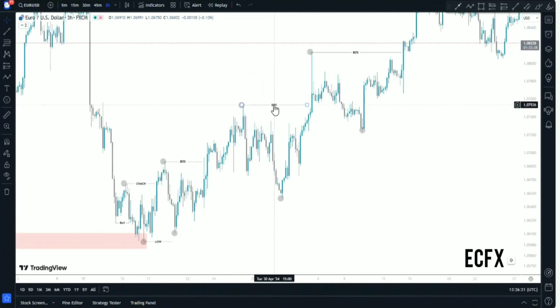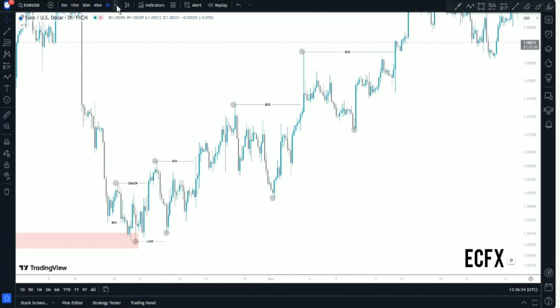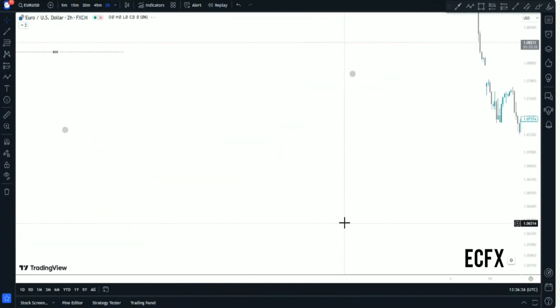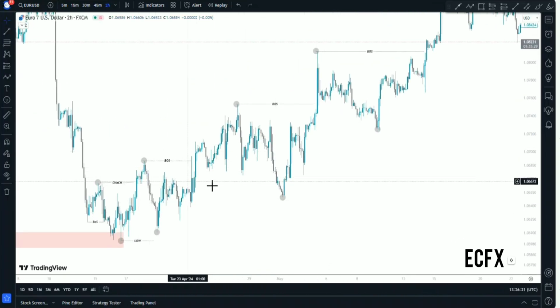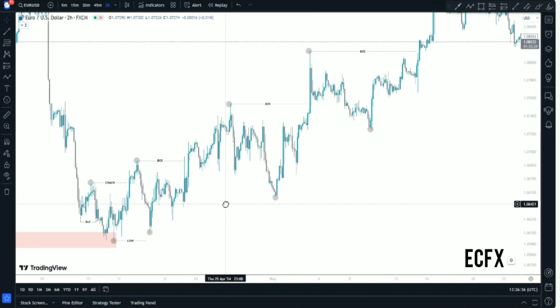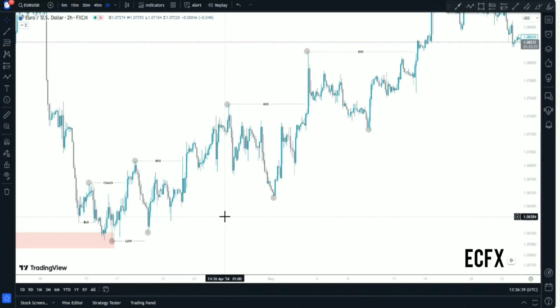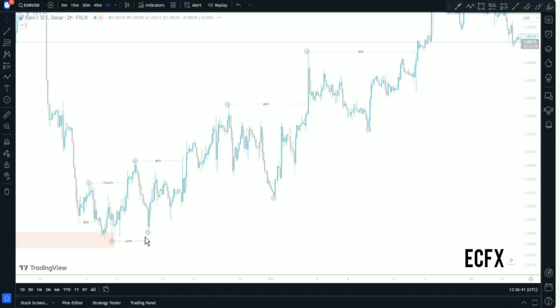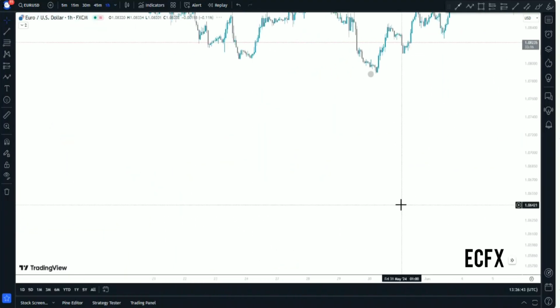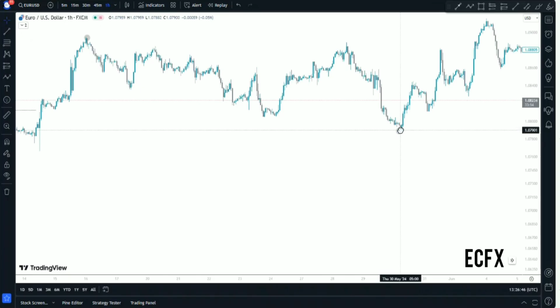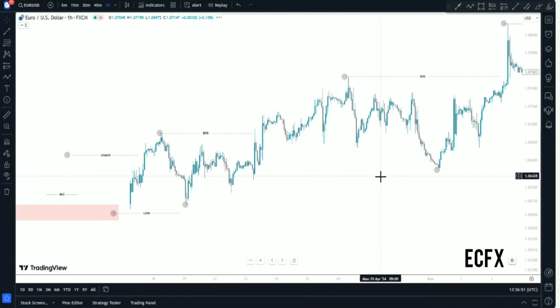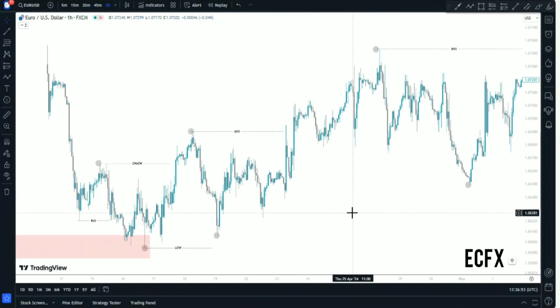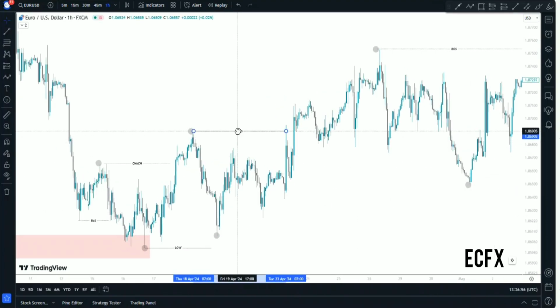If everything matches up from the 4-hour to the 3-hour, you jump down to the 2-hour time frame, and then you can see there are a lot more internal moves, or internal highs and lows, being formed. Let me show you how, when identifying external highs and lows, to use the internal highs and lows to catch trades in the direction that you are looking for.